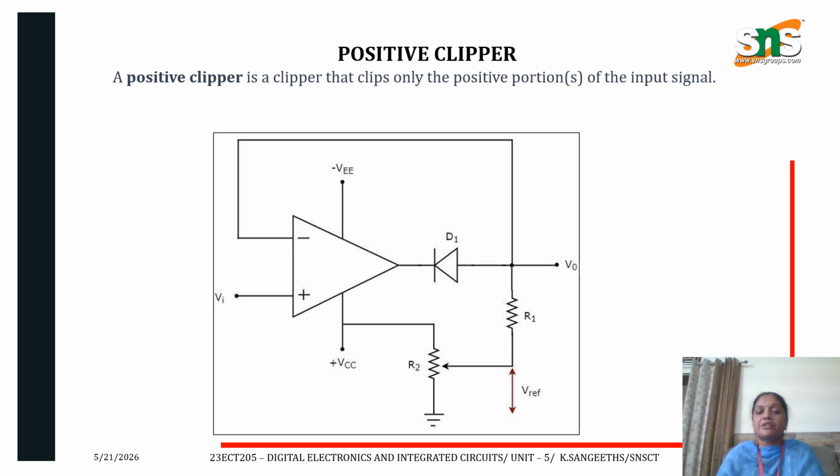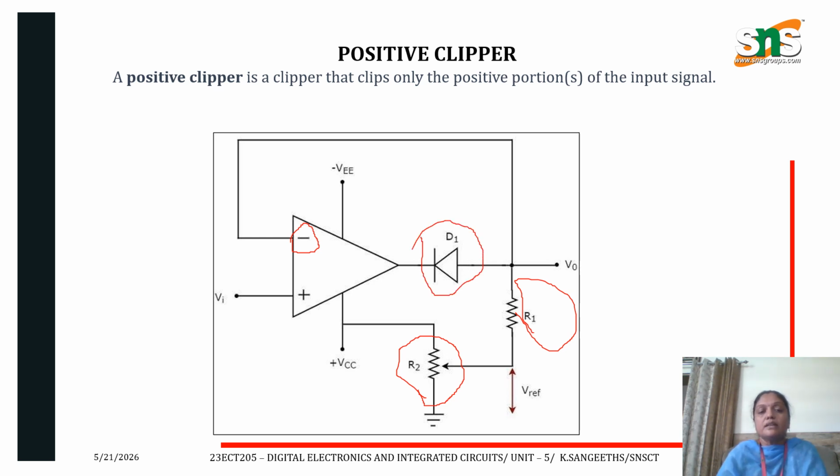As we know, the operational amplifier has three terminals, that is the inverting terminal, non-inverting terminal and the output terminal, and plus VCC and minus VCC are the supplies. Here the resistors R1 and R2 are used to set the reference voltage, and the output is given to the inverting terminal, and the diode D1 is connected here, on the output side.